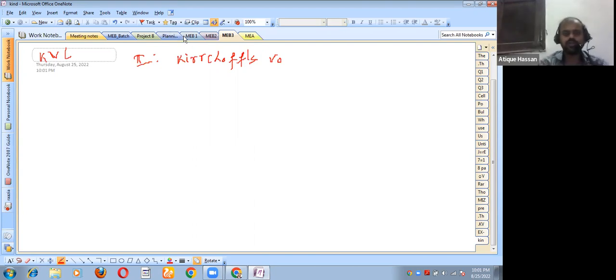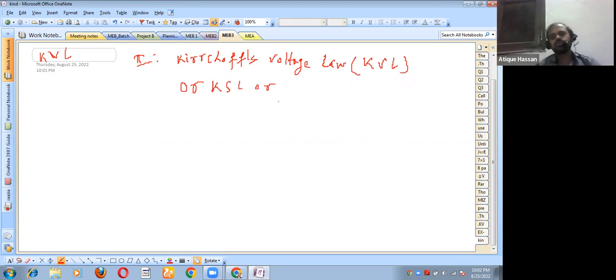Generally we write it as KVL, or it is also known as Kirchhoff's second law, or Kirchhoff voltage rule.